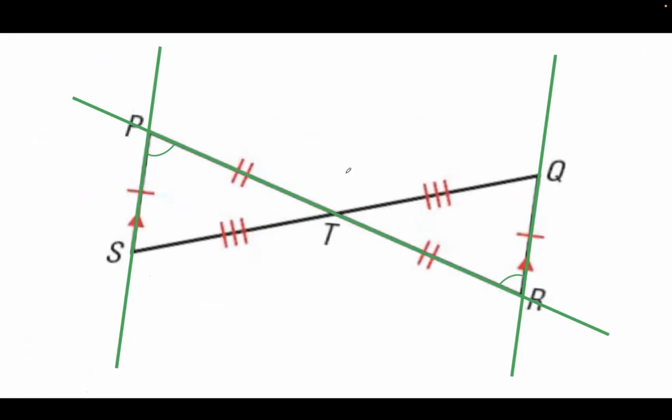It might be easier to visualize without the triangles, but you can clearly see that these are alternate interior: they're on the inside of the lines, one at the bottom, one at the top. I could also look at the bottom transversal here, or this one. These would also be alternate interior angles, on the inside, on opposite sides, if I consider this my transversal.